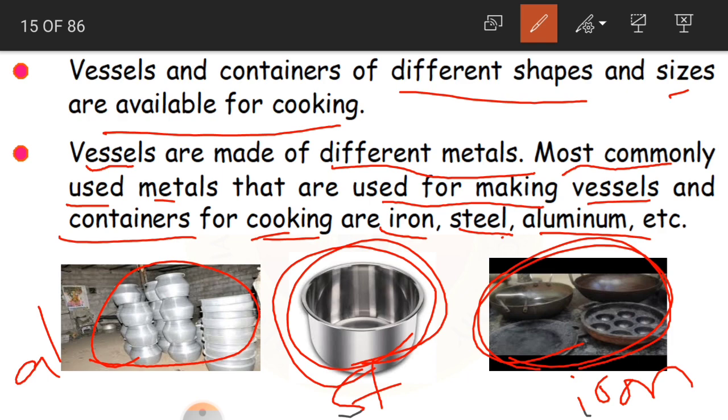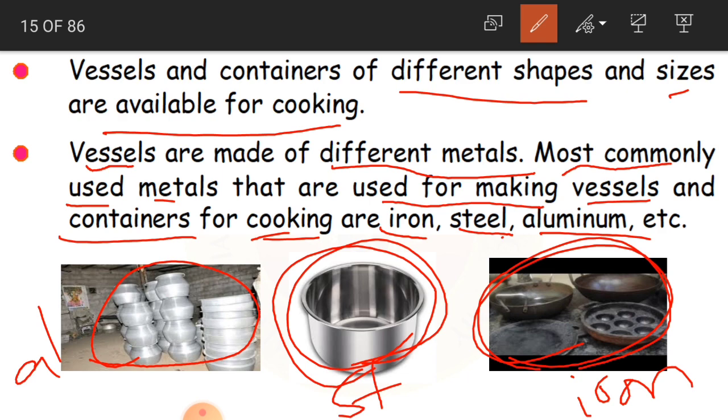And even some glassware, where we drink water in glasses, and glass plates and glass cups also. We use them for serving, that is for drinking and eating, but for cooking we use these metals more.